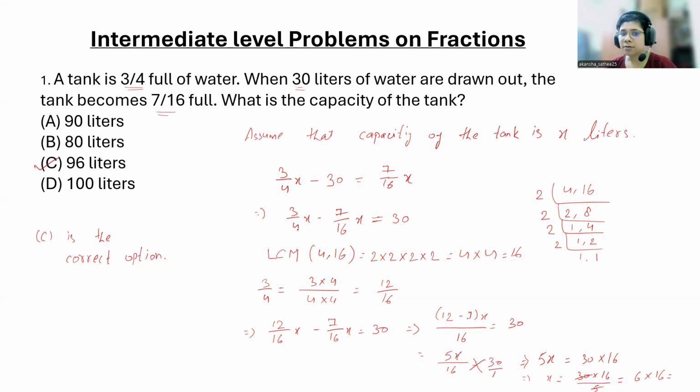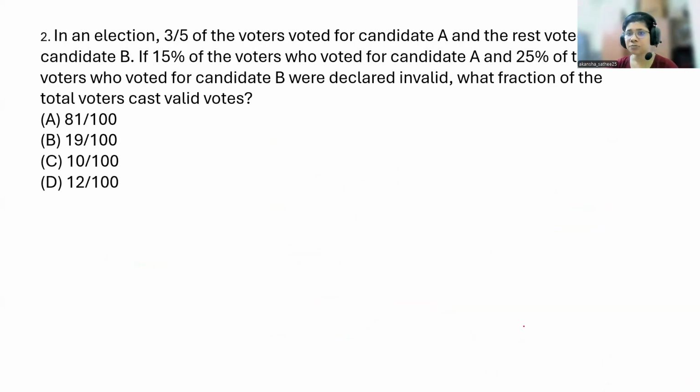So you make this denominator equal to 16. One is already 16. This 4 you have to make 16. So how will you make 4 as 16? If you multiply 4 by 4. So I have multiplied denominator and numerator by 4, so that the fraction stays the same. So 12 by 16. Now you solve it, you will get 96 as your final answer. So the capacity of the tank is 96.